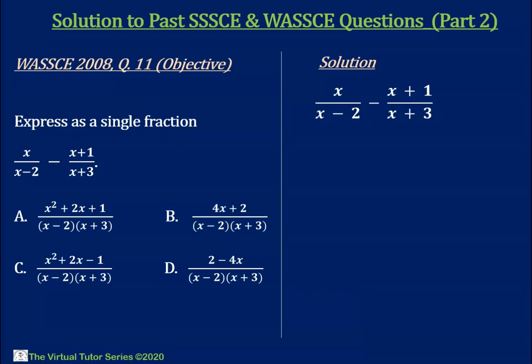Let's first find the LCM of the denominators, which is x minus 2 times x plus 3. We will now express all fractions in terms of the LCM. x minus 2 into the LCM is x plus 3, so we have x into bracket x plus 3.